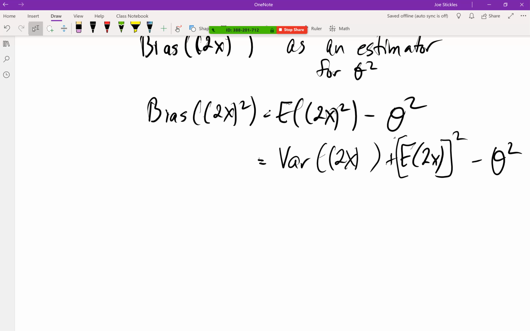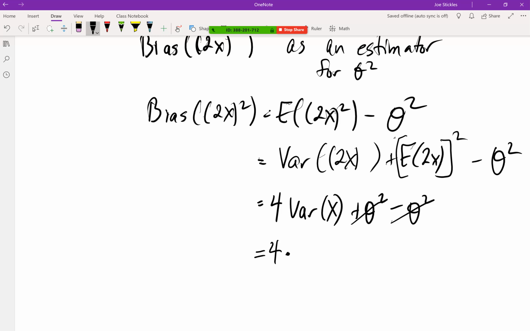So now that I have variance of 2x, I can pop the 2 out front, but when I pop the 2 out front, I got to square it. I know that expected value of 2x is just theta, so I get plus theta squared. And then I've got minus theta squared still on the end. So those two pieces are going to go away.